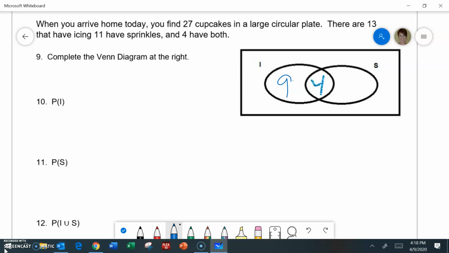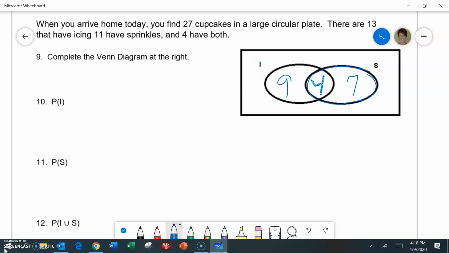So that 9 plus 4 is 13. And then we'll do the same thing for the other side. If 11 have sprinkles, then I need to do 11 minus 4, and that's how we would get 7. Now, if you can see in this circle right here, 7 plus 4 is 11 have sprinkles.